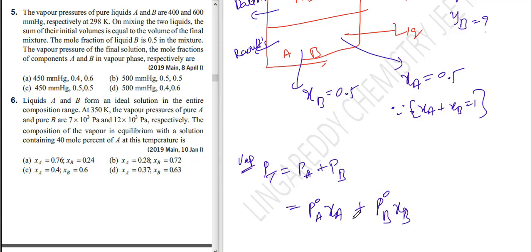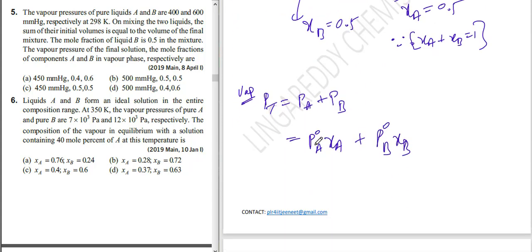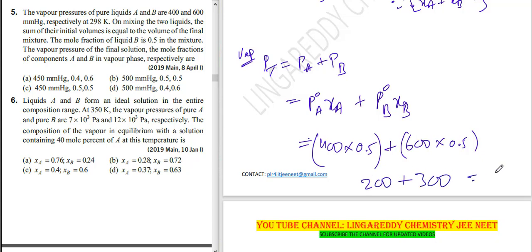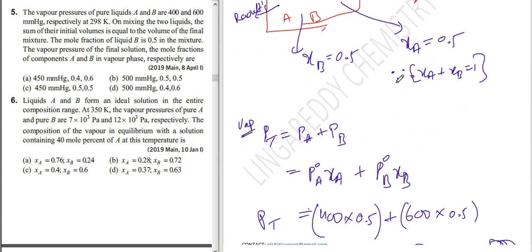XA, XB are already given, P naught A, P naught B also given. You just need to substitute those values. P naught A is 400. 400 into XA, which is 0.5, plus 600 into 0.5. It is 200 plus 300, that equals 500. This is P total. After getting P total, what do we need to calculate? YA and YB, that too in the vapor phase.